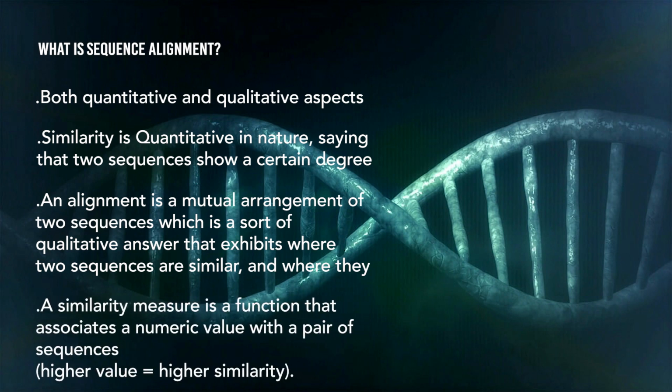A similarity measure is a function that associates a numeric value with a pair of sequences. For example, a higher value means higher similarity. A score can be a positive or negative value, and an optimal alignment maximizes the score. Similarity is also resemblance between two sequences of characters when compared. An optimal alignment maximizes similarity, which implies that large values are good.